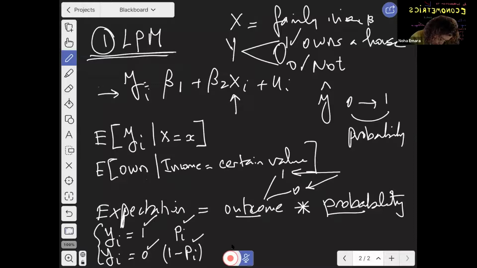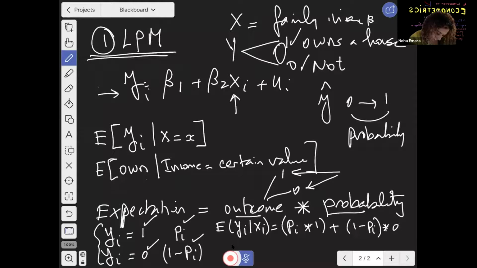So my expectation of yi given xi is equal to, we can write it in this way, pi times 1 plus 1 minus pi times 0, right?